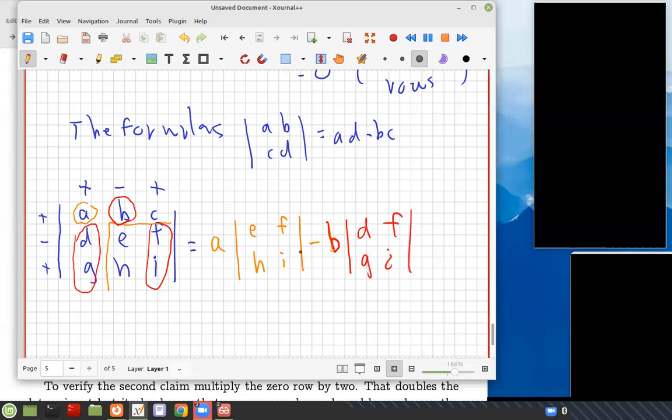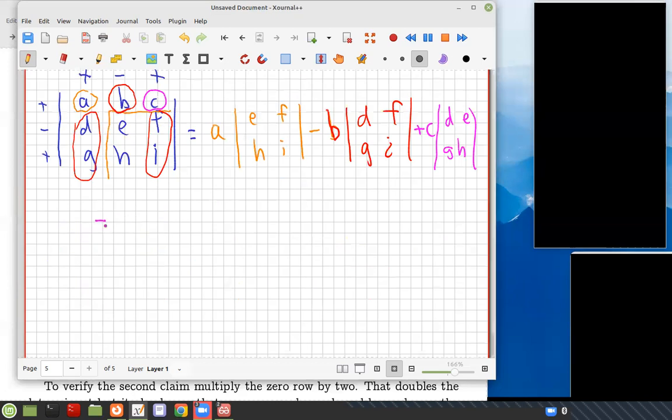D, F, G, and I. Then the last term is going to be C. That's plus C, so it alternates plus, minus, times the 2 by 2 determinant of leaving off the first row and the last column, D, E, G, H. So then we could write this as A times (EI minus FH), minus B times (DI minus GF), plus C times (DH minus GE).